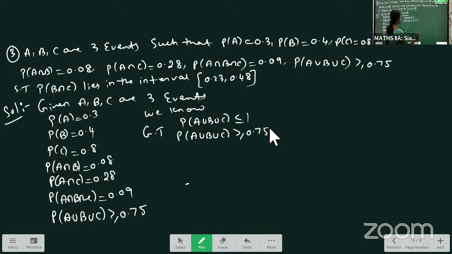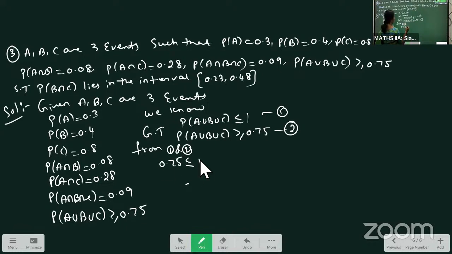Take this as equation 1 and this as equation 2. From 1 and 2, combine both of them: 0.75 less than or equal to P of A union B union C, which is less than or equal to 1.